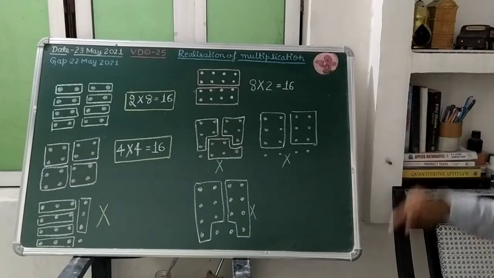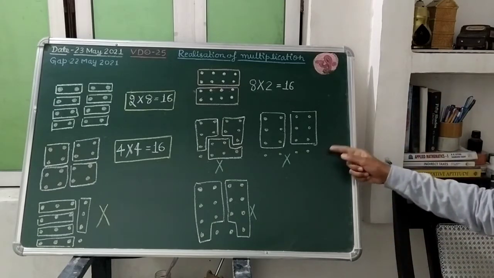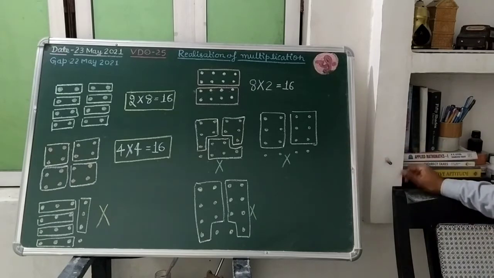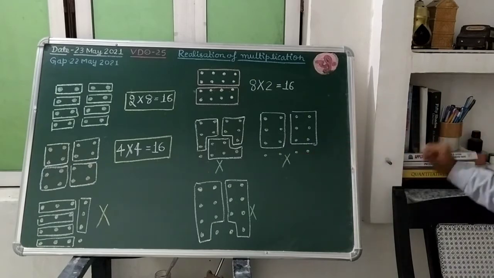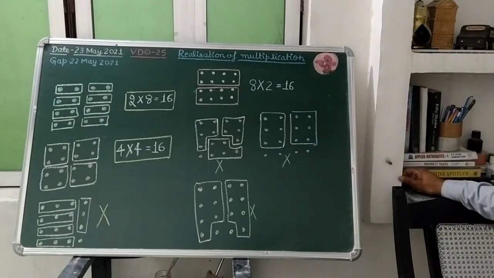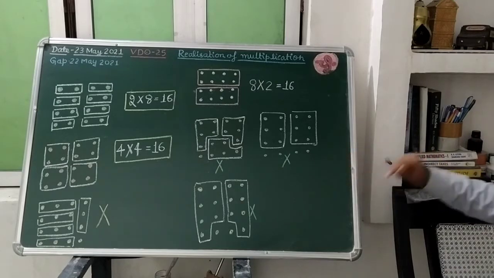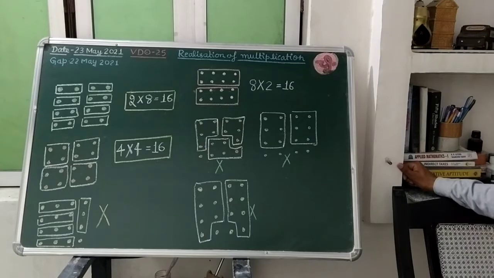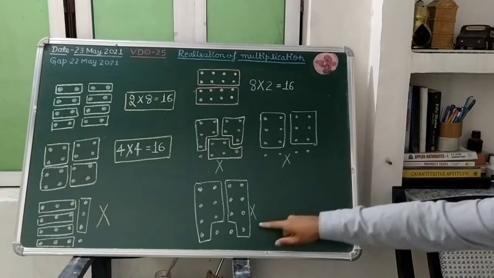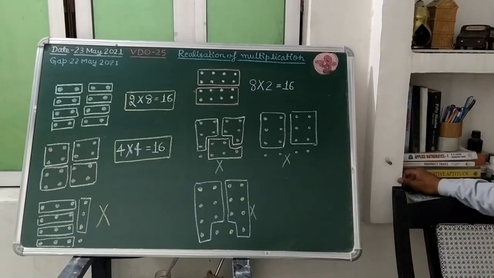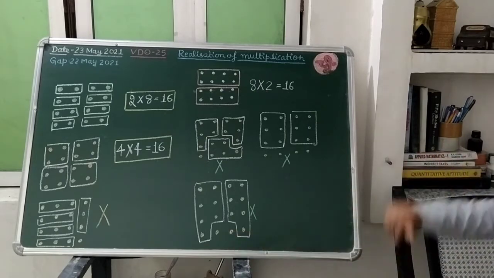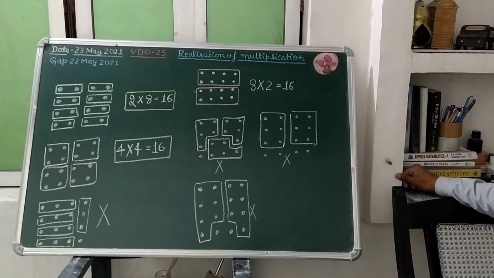And of course, when you are talking about a group of 6 dots, you will find that 2 groups will be formed, but 4 dots will be left. Meaning what, student? 6 2s are 12 and 4 dots left. 12 plus 4, 16. In the same way, if you are talking about 7 dots, we will have 2 groups, 7 2s are 14, but 2 dots will be left. 14 plus 2, 16.